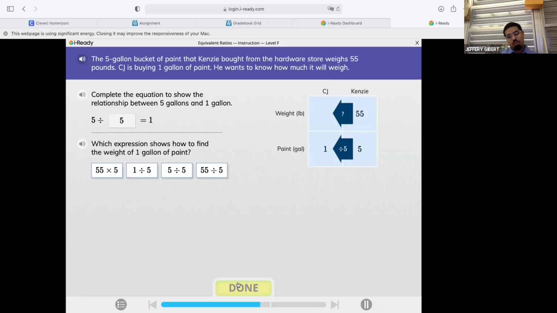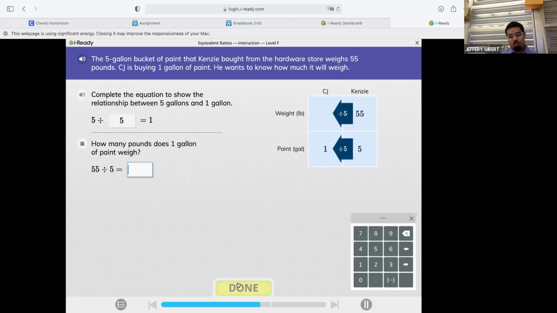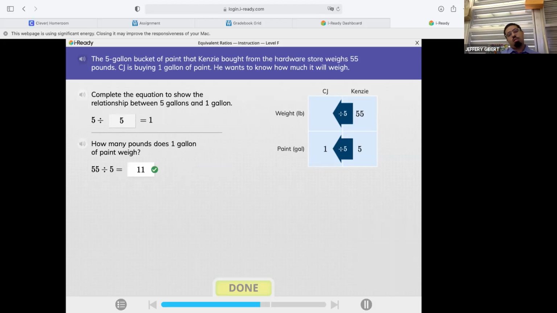Well done. How many pounds does 1 gallon of paint weigh? What's 55 divided by 5? 11. Correct. 1 gallon of paint weighs 11 pounds.